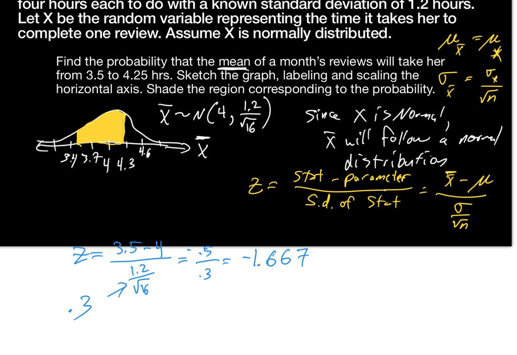And then I would go to the online tool. If you've already got it up and running, grab that online tool. This is where it depends on what you like to do. I am usually looking at this one. So this would be the probability that x bar is less than negative 1.667.